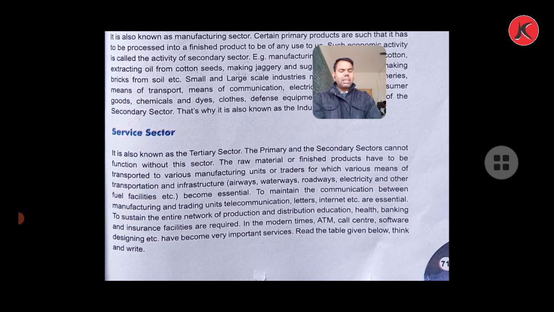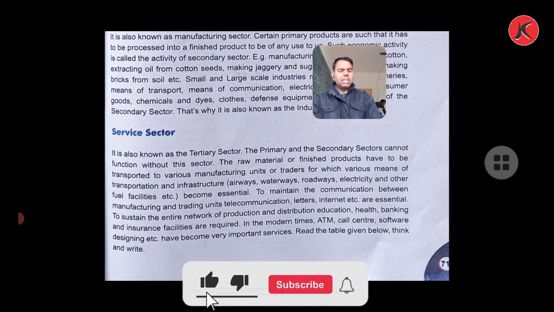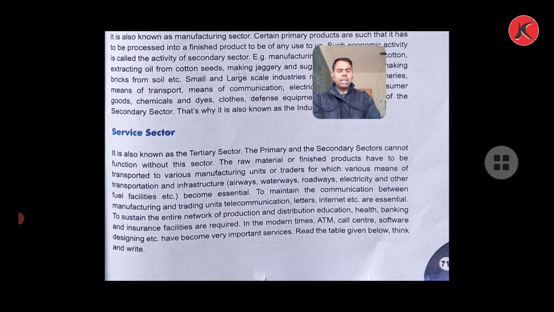In the service sector, all these things are required, like the internet, education, health, banking and insurance facilities. In modern times, ATMs, call centers, software design, etc. have become very important services.